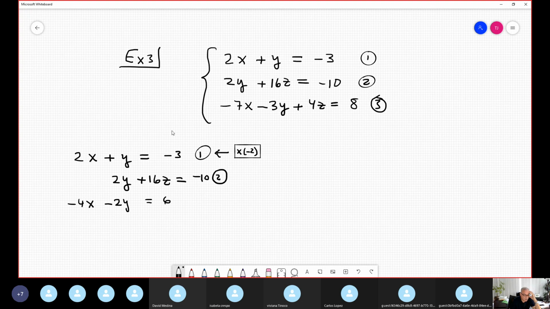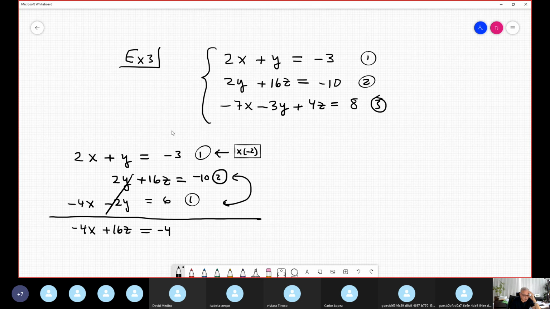And this is my equation number 1 now. And you add by column 1 and 2. Negative 4x stays here. This is cancelled. 16z brings down. And on the right hand side, after the equal sign, we have negative 10 and positive 6, which is negative 4. Okay. And this is my equation 4.